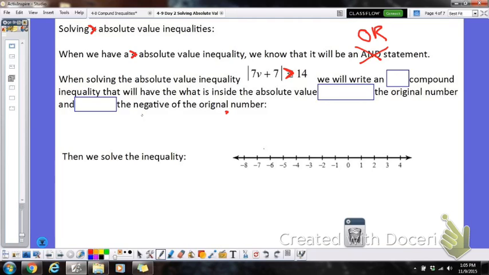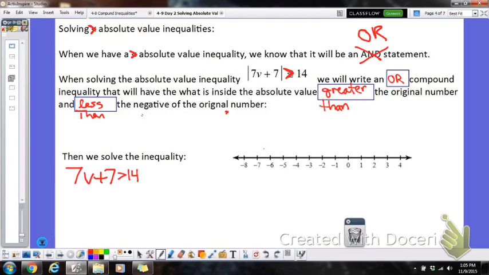So when solving this inequality, we will write an OR compound inequality that will have what is inside the absolute value greater than the original number or less than the negative of the original number. That'll look like this. We have 7v plus 7, what's inside the absolute value, greater than the original number, which is 14.